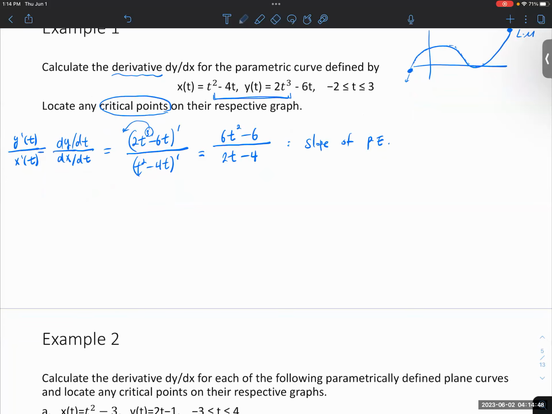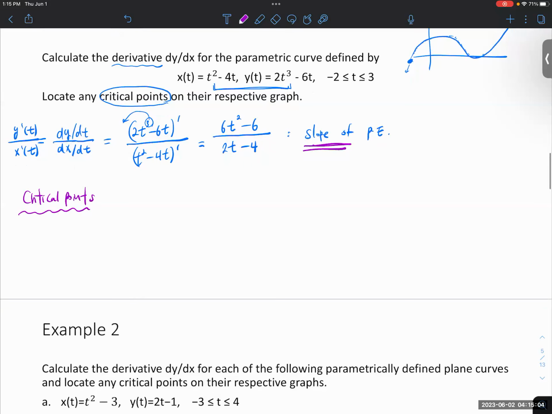Now I'm looking for the critical points. If you remember, critical points are relevant to the slope of the tangent line, or the slope of the given function. Critical points are the points at which you have two cases: the numerator equals 0 or the denominator equals 0.